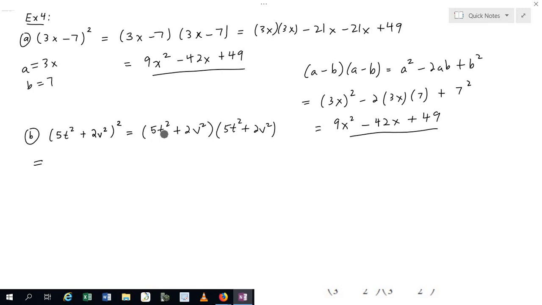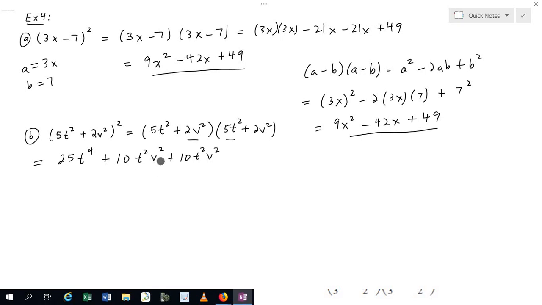So the first would be 25, and then you add exponents, t to the fourth. Outer would be 10 t squared times v squared. The inner would be 10 v squared times t squared, but the order doesn't matter, so I'm going to write it as t squared v squared.